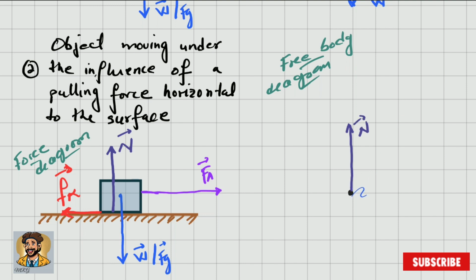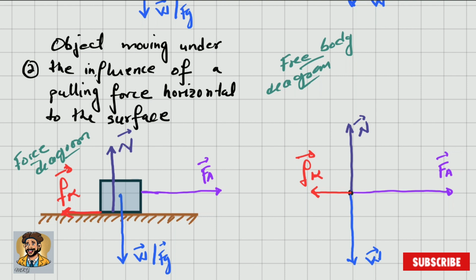The weight is pointing straight down. That is the weight of the object. The force applied, the pulling force, is to the right. This one is the applied force, or pulling force. And there is the kinetic frictional force in the opposite direction, to the left in this case. Guys, this is the free body diagram for that situation.